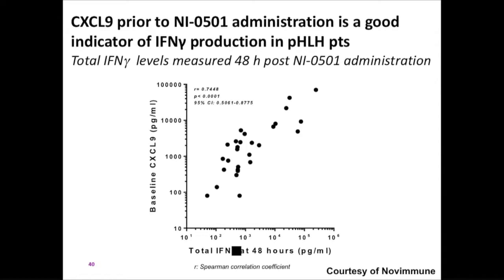This is what you see: a very tight correlation, suggesting that CXCL9 in peripheral blood does reflect the amount of gamma present in tissues. Therefore, CXCL9 is a very good way to estimate the amount of total gamma being produced in the body, and therefore the amount of drug needed to neutralize it efficiently.